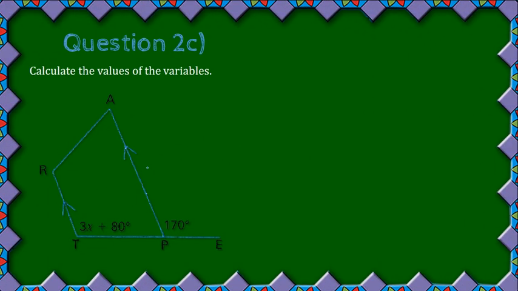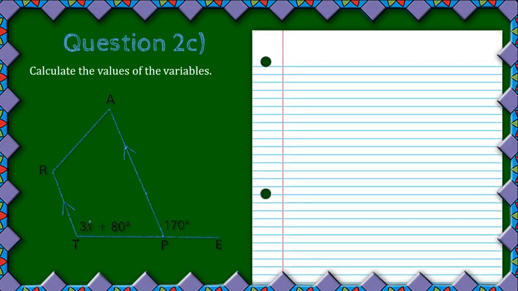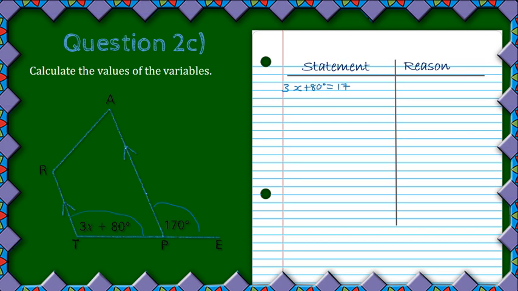Then for 2c, here we have another x to solve, but this one's quite simple because we have these two angles and they are corresponding because of these parallel lines. So they are just equal to each other. So 3x plus 80 degrees is equal to 170 degrees, corresponding angles.